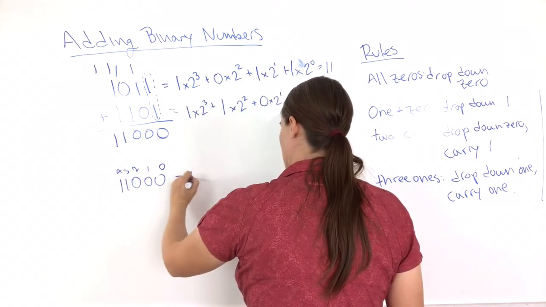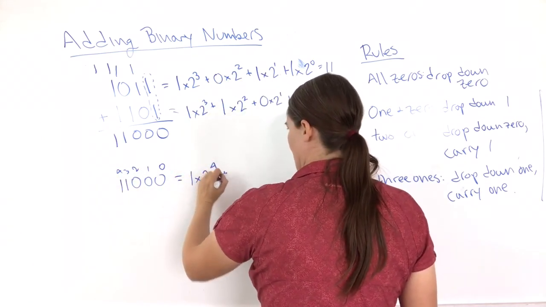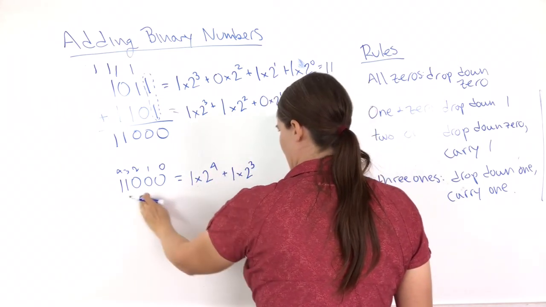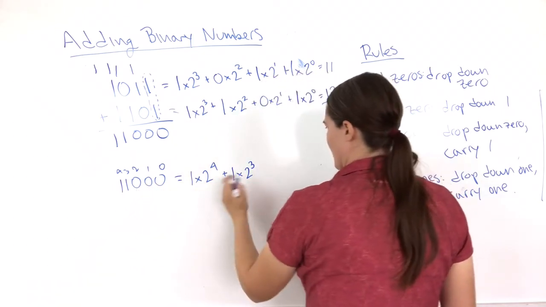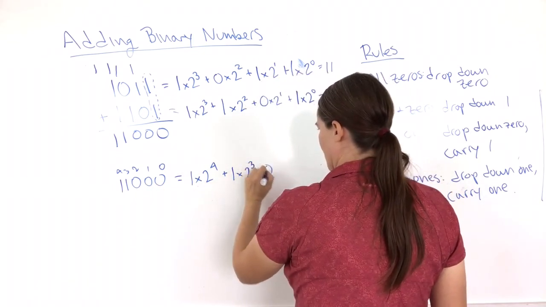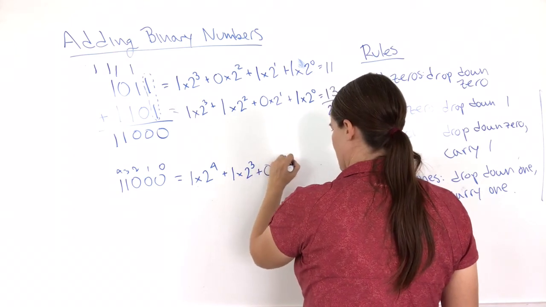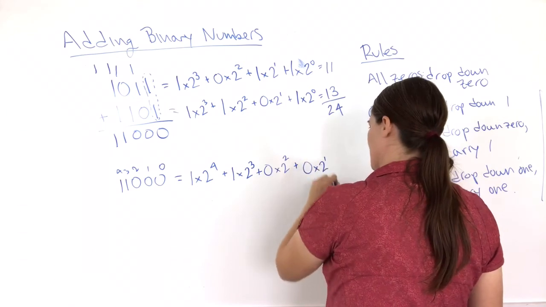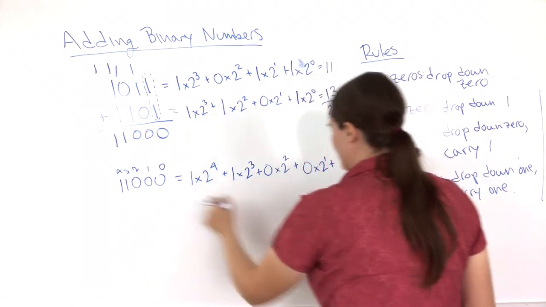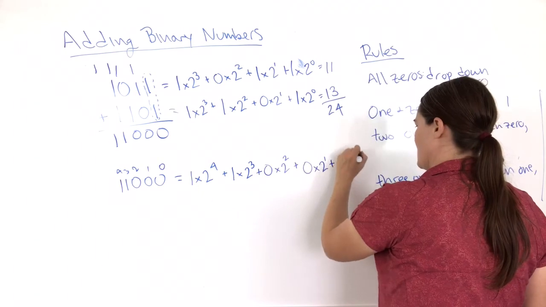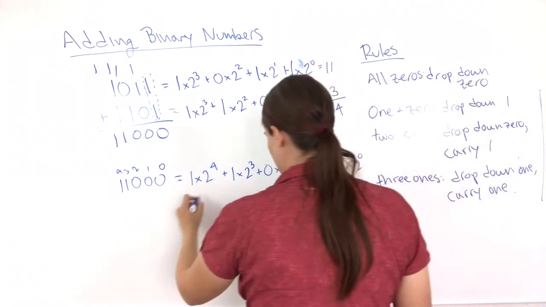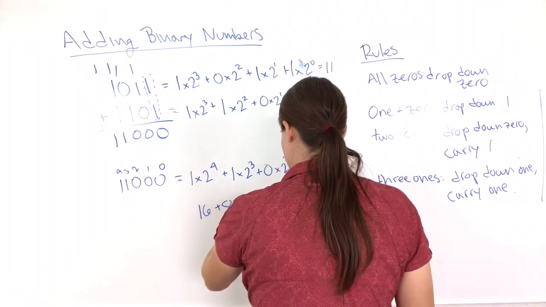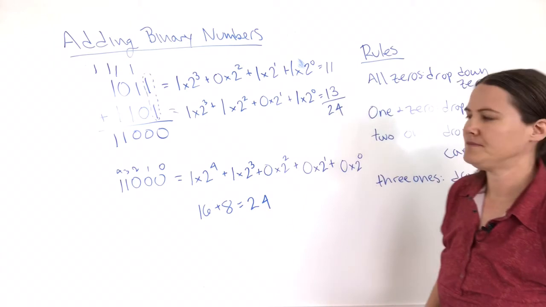So we have 1 times 2 to the fourth plus, and then we have a 1 here, so 1 times 2 to the third plus 0 times 2 squared plus 0 times 2 to the 1 plus 0 times 2 to the 0. So if we go through this math, we have 16 plus 8 is equal to 24.